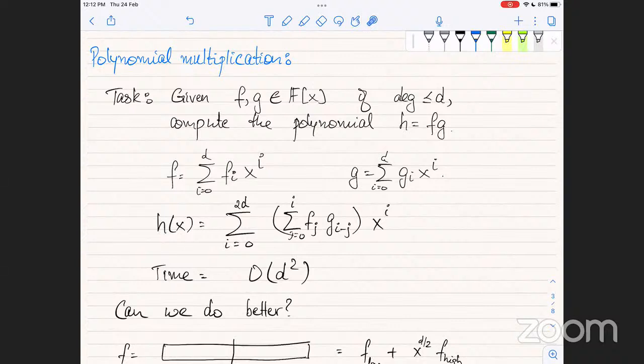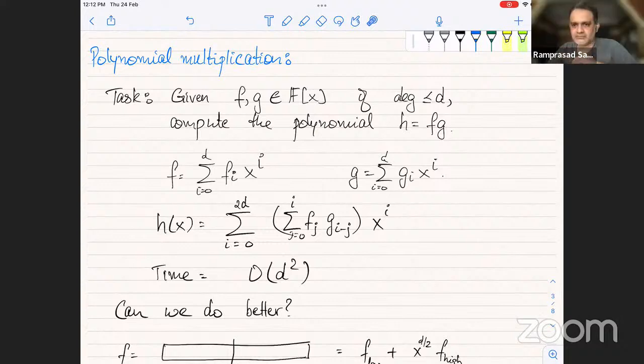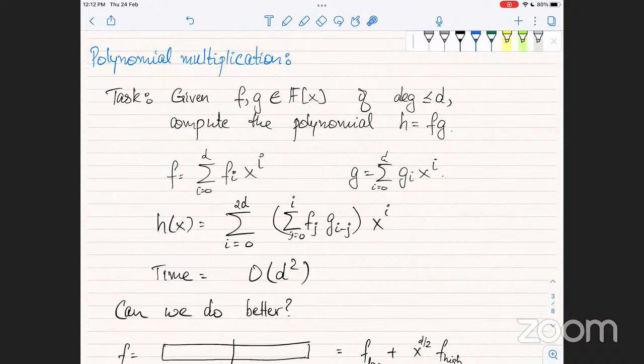In C, the multiplication or addition of C is one operation, but if we view it as in R, it will be like four operations: a plus id, b plus id. If you see it as operations over the real field R, then it will be more operations, right?